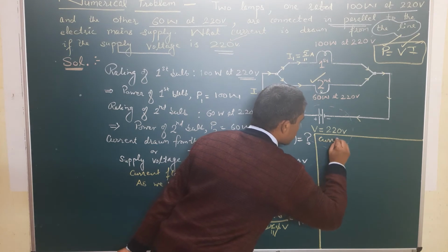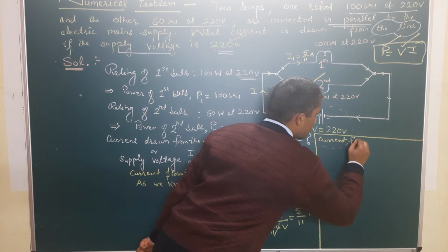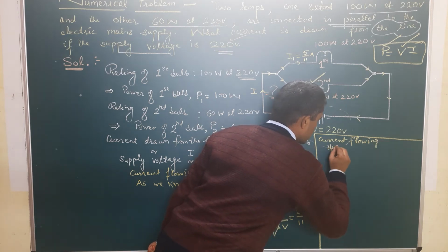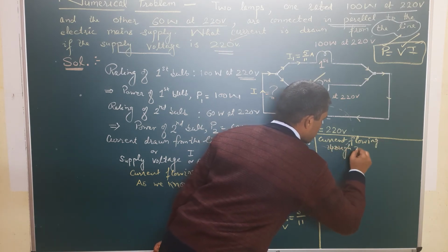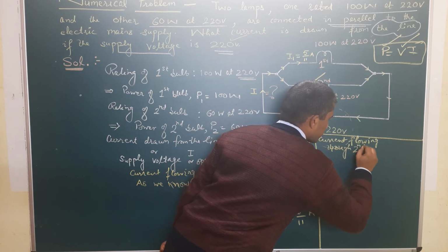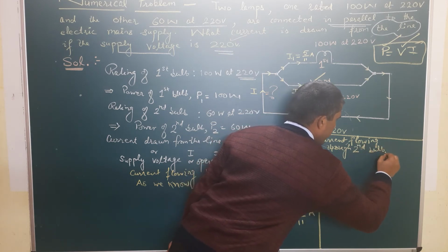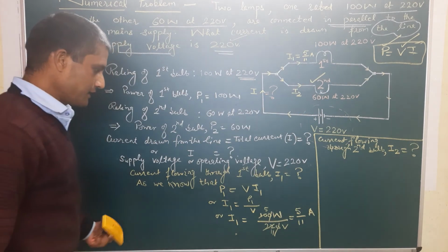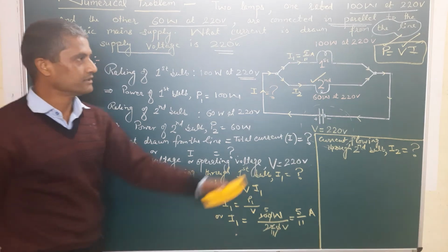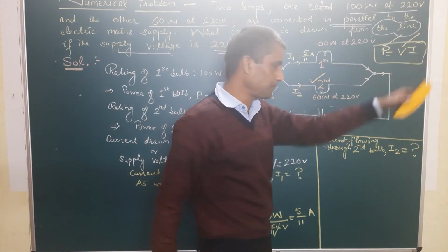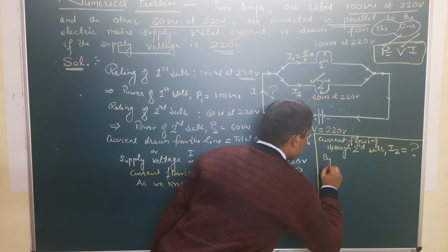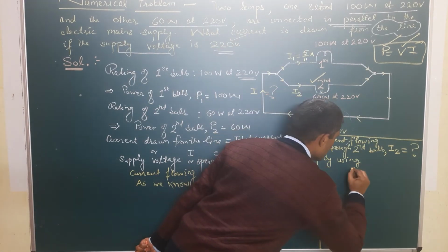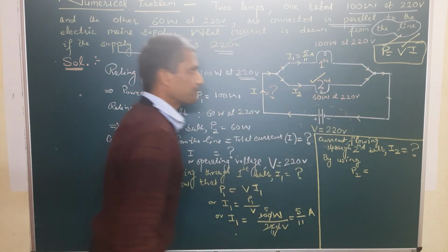The current flowing through the second bulb is denoted by I2, and we find it by using this very formula, P2 power, where the formula is P is equal to VI.